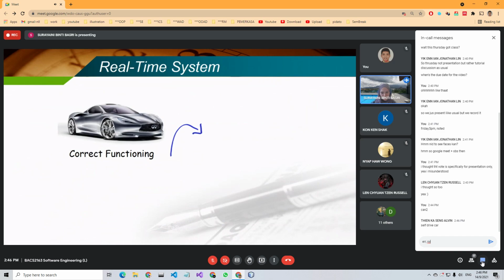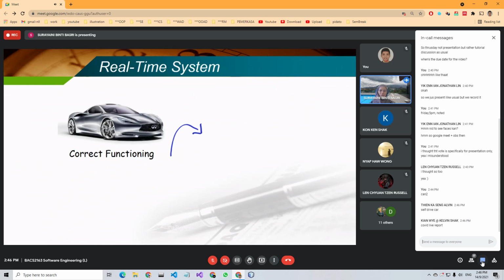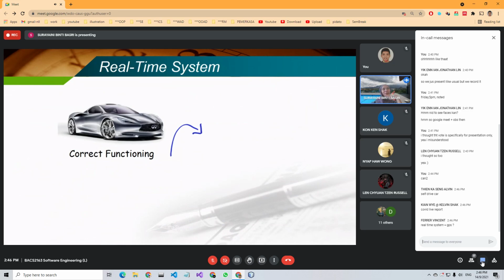Okay, so an example of a real-time system is the self-drive car. Yes. What else other than that? Other students? COVID live report. Okay, yes, correct. A real-time system is like GPS.